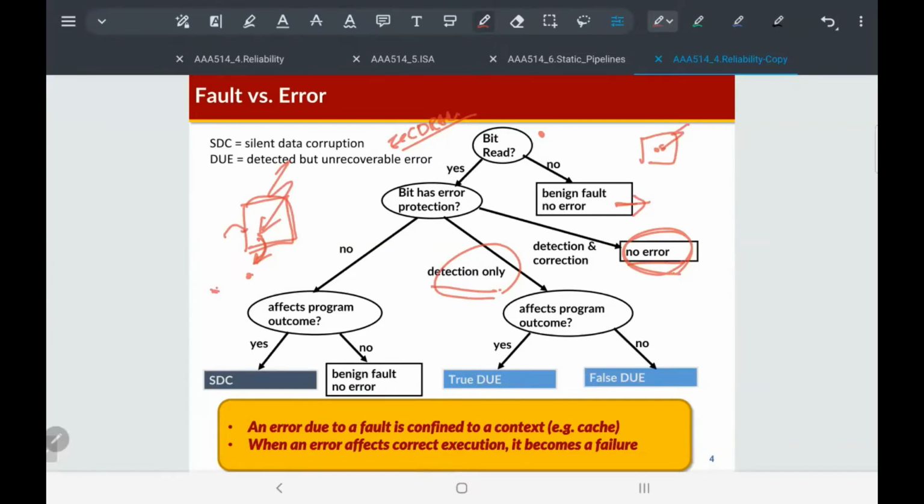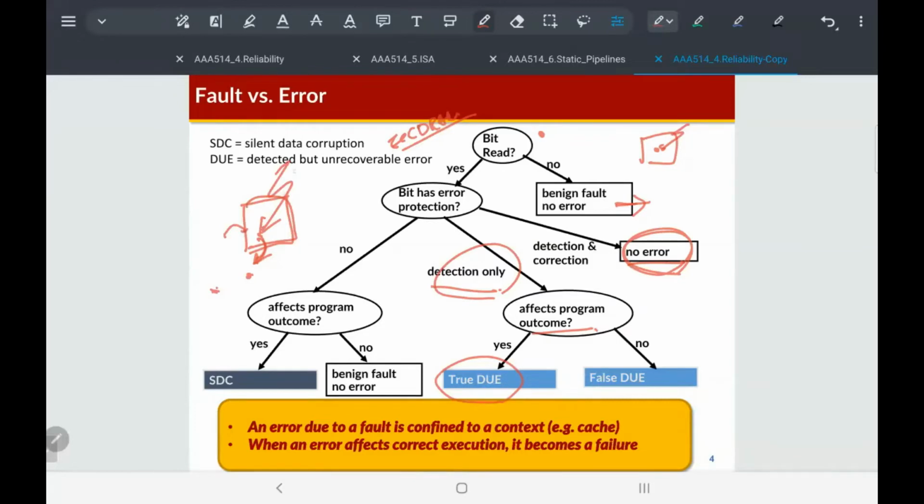But if the detected errors do not change the result of our applications, then it's not an error because it's not harmful. Based on the output of our programs, we can say this is a true DUE.